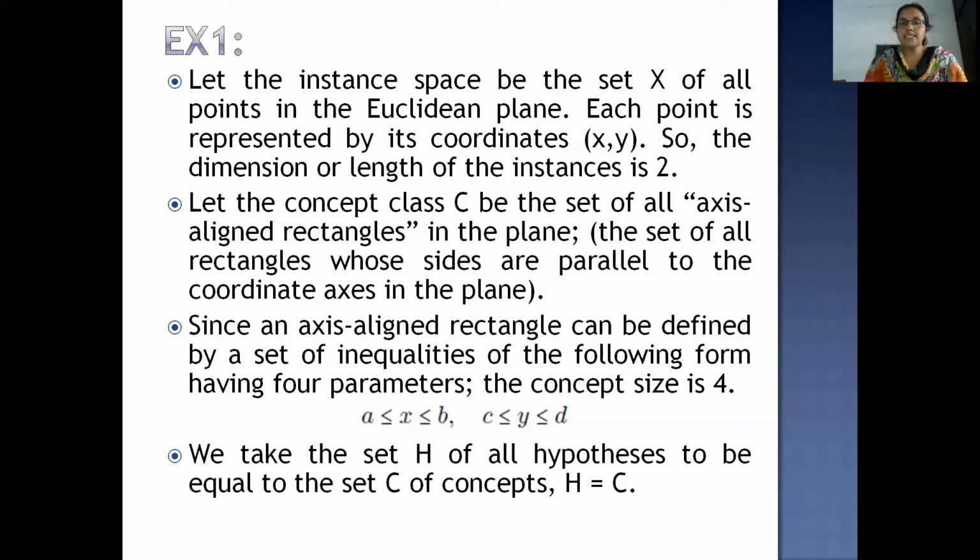Okay, since an axis aligned rectangle can be defined by a set of inequalities of the following form. എങ്ങനെയാ ഒരു റെക്ടാങ്കിളിനെ റെപ്രസെന്റ് ചെയ്യണമെന്നുണ്ടെങ്കിൽ എന്റെ കയ്യിലുള്ള ആ പോസിറ്റീവ് എക്സാമ്പിൾസിന്റെ ഒക്കെ x-ന്റെ മിനിമവും x-ന്റെ മാക്സിമവും y-യുടെ മിനിമവും y-യുടെ മാക്സിമവും കിട്ടുവാണെന്നുണ്ടെങ്കിൽ എനിക്ക് ആ റെക്ടാങ്കിൾ വരയ്ക്കാനായിട്ട് പറ്റും. റൈറ്റ്, ബിക്കോസ് ഇത് താഴോട്ടുള്ള നോക്കുമ്പോൾ x മിനിമവും x മാക്സിമവും കിട്ടണം, സൈഡിലേക്കുള്ളതിന് കാണുവാണെങ്കിൽ y മിനിമം y മാക്സിമം കിട്ടണം. എന്നിട്ട് x minimum y minimum is the left bottom corner, x maximum y maximum is the right top corner.